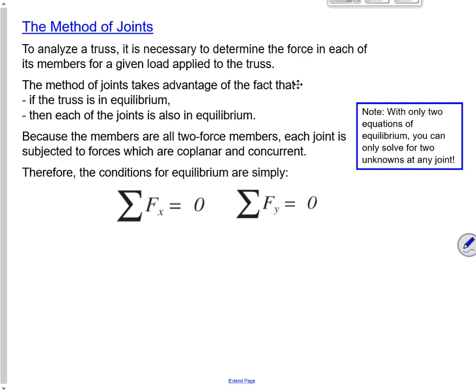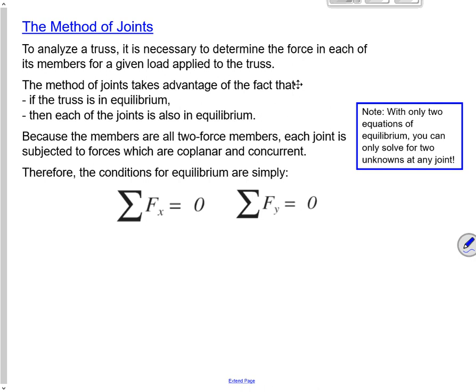The method of joints is just applying our equations of equilibrium. Because the truss is in equilibrium, that means each joint is also in equilibrium. Because all the members are two-force members, each joint is subjected to forces which are not only coplanar, they're also concurrent at that point.